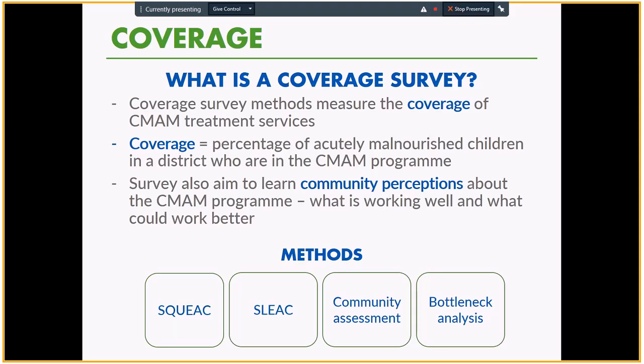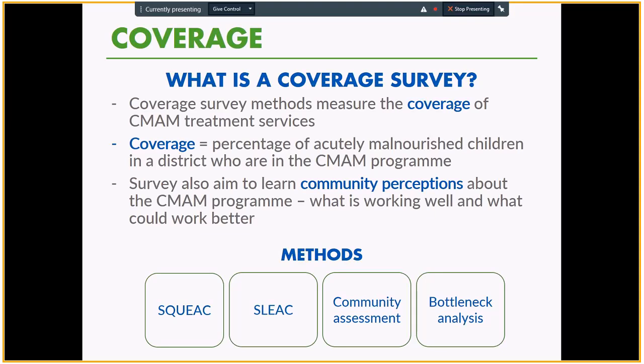SLEEK is a more rapid version that we can use to do a coverage survey across a much wider area. So it stands for a simplified LQAS evaluation of access and coverage. So again, it's pointless jargon and complicated sounding acronyms for what is actually quite a simple methodology. I can do it. So those are the two main ones.